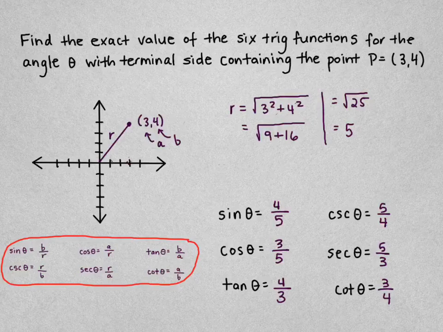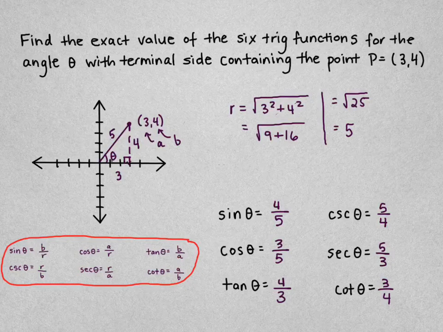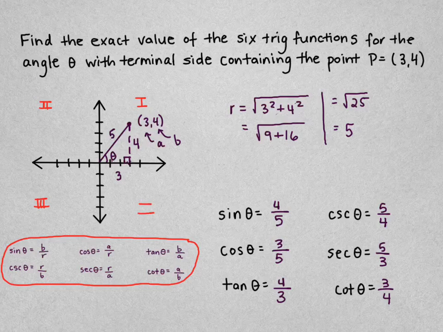Now, note that you can solve this by drawing a triangle again. This distance would be 3, this would be 4, and then we established that this was 5, and using this angle as theta. The one problem is that right now we're in quadrant 1. So if I were to label the quadrants, this would be 1, this would be 2, this would be 3, and this would be 4.